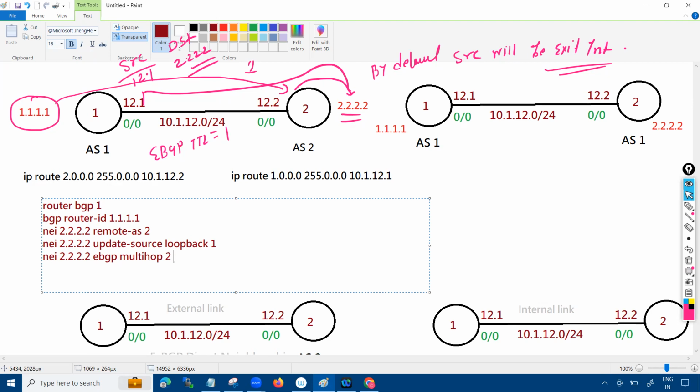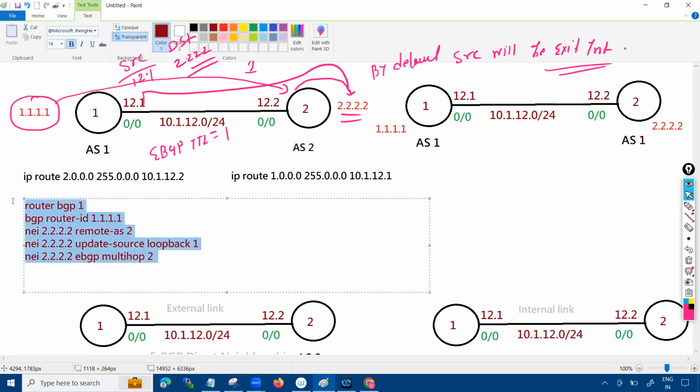You can choose any number up to 255, but don't choose any random number. Make it a number from a requirement perspective. Otherwise, you will have an attack in your network. Okay, so that's the command for router number 1.